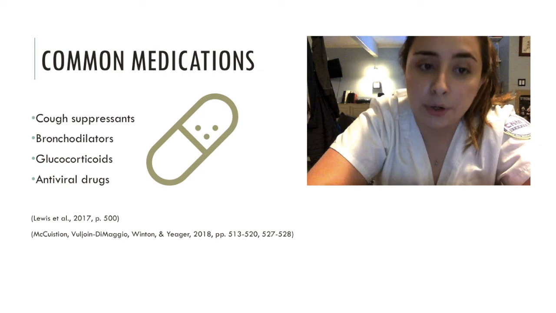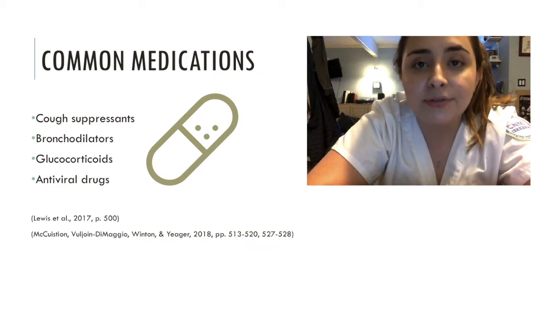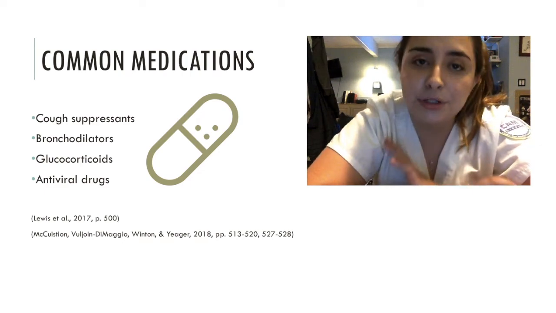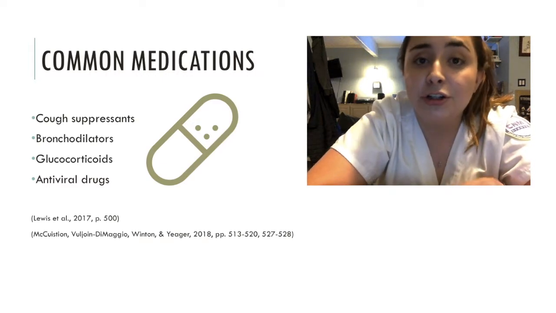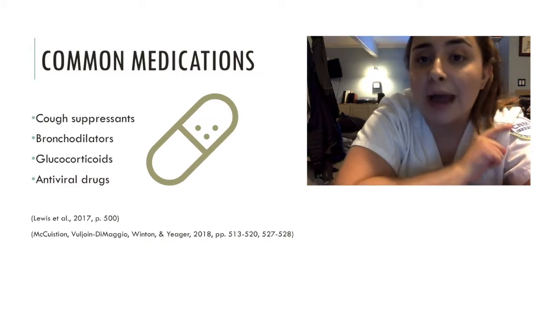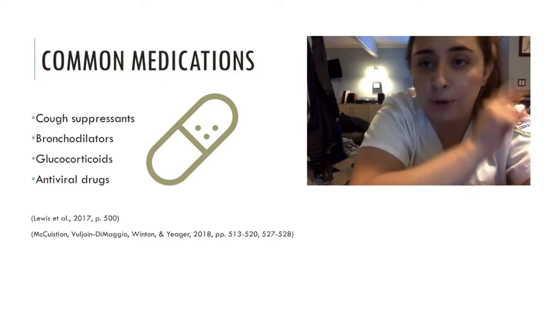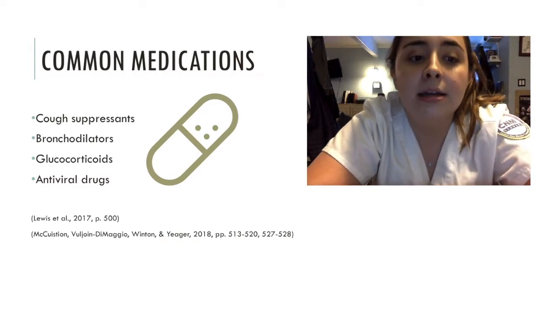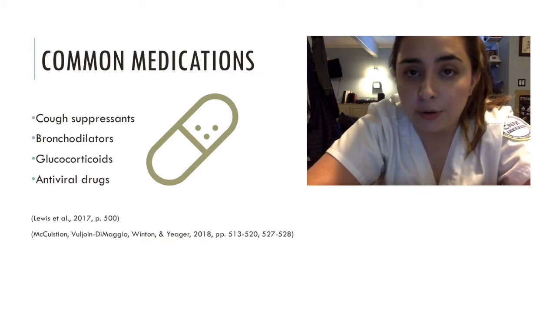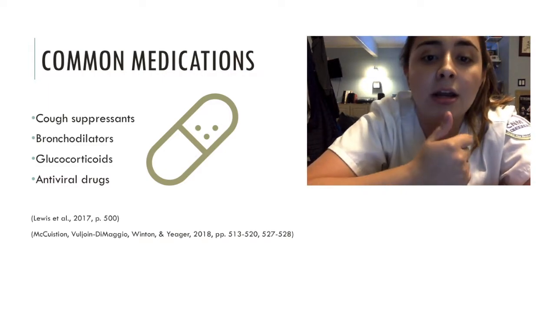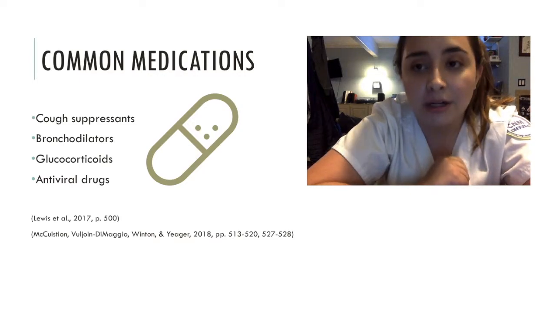Next are the glucocorticoids, which are most commonly used for chronic bronchitis to reduce inflammation. Glucocorticoids are believed to have a synergistic effect with the beta-2 agonist that we were discussing in the bronchodilators. Some of the side effects associated with orally inhaled glucocorticoids are throat irritation, hoarseness, dry mouth, and coughing.